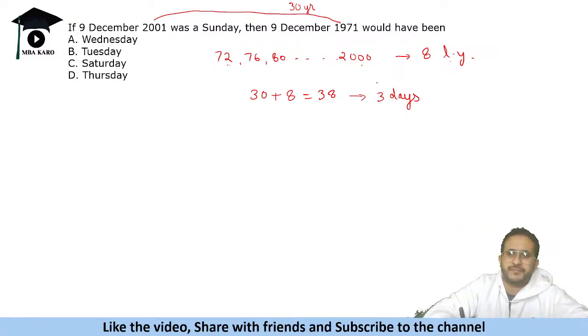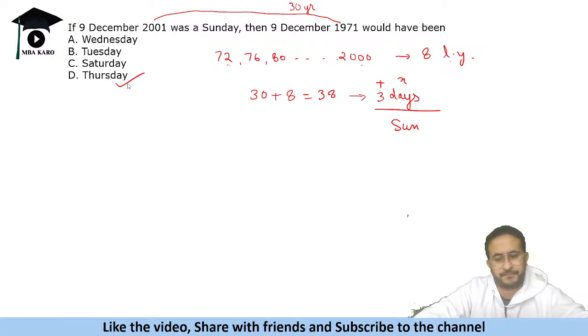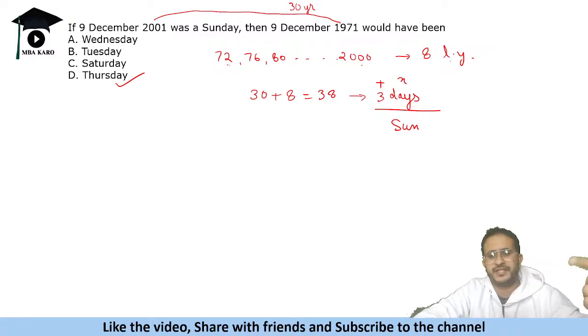So 3 days. So let us say this day was x plus 3 days is Sunday. So Sunday से 3 days पीछे चले जाओ. Your answer will be Thursday. Okay, going 3 days back because Thursday, Friday, Saturday, Sunday. Thursday में 3 add करो, you get Sunday as the day. So the answer is Thursday.